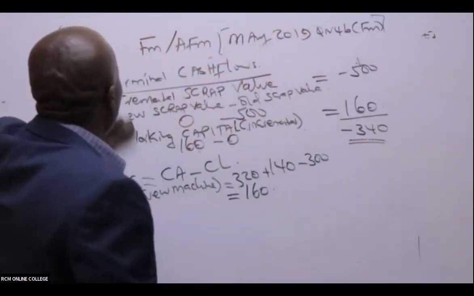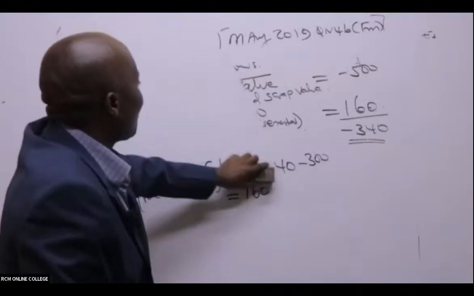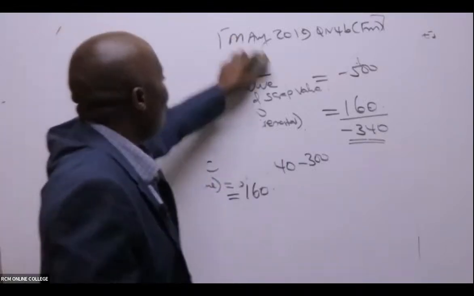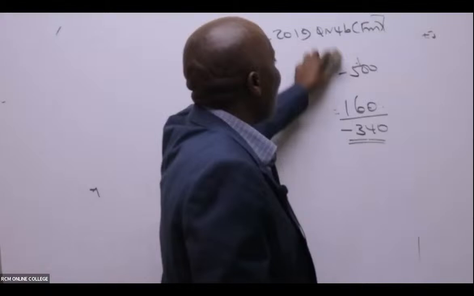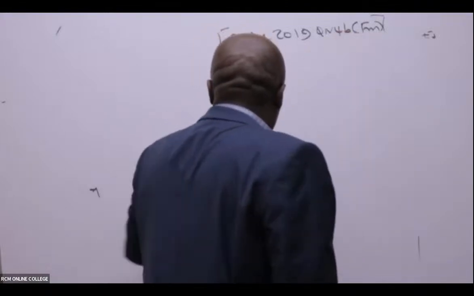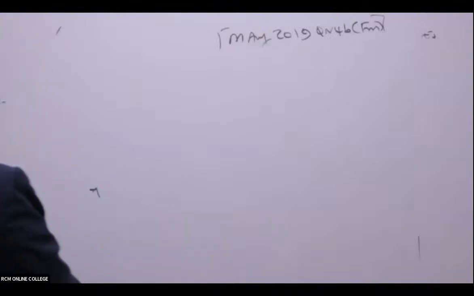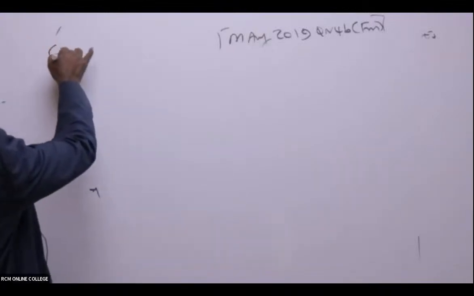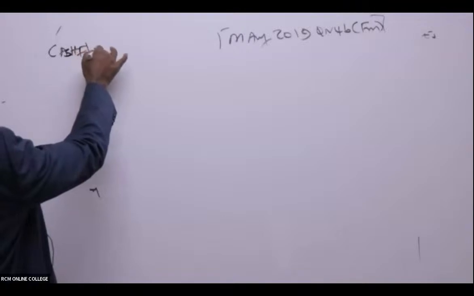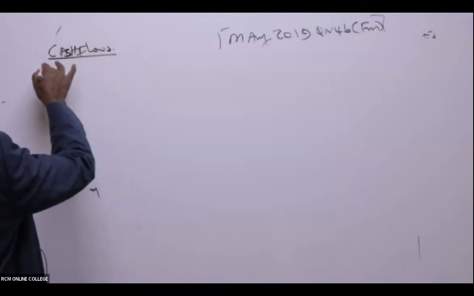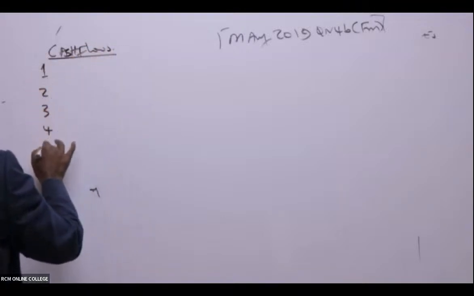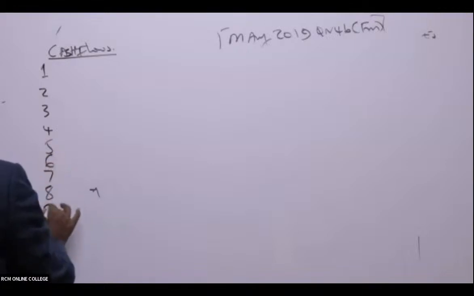Then from there, we shall go to the next working, which now is the working of operational cash flows. Give me the cash flows here. I can see we have 10 years: 1, 2, 3, 4, 5, 6, 7, 8, 9, 10.